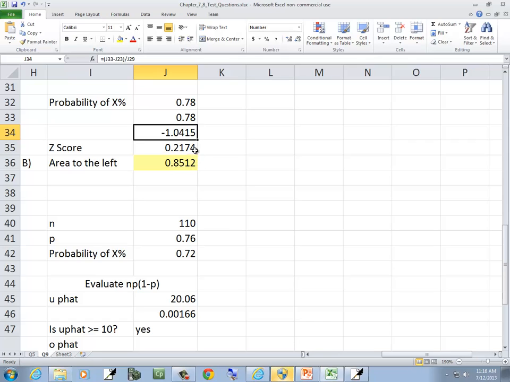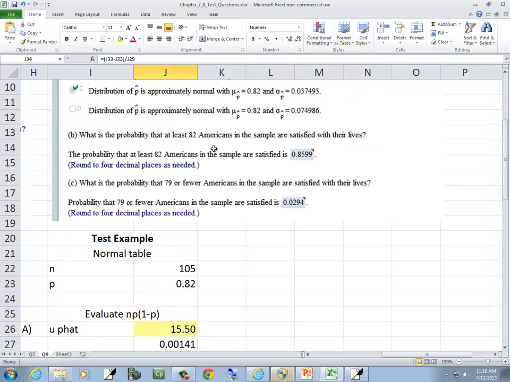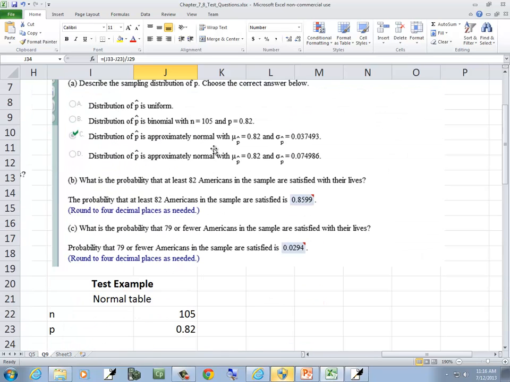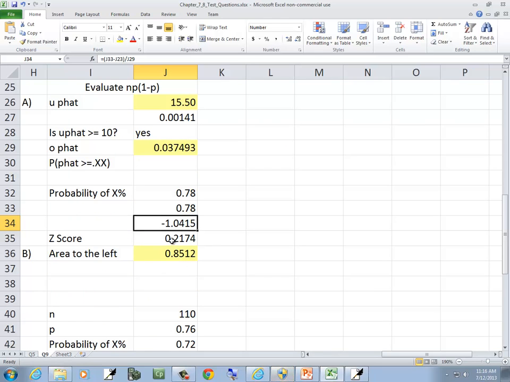Well, that should count that correct. I'm guessing that they didn't include the Excel version into these answers, because that's correct. Area to the left. It's 1 minus that.